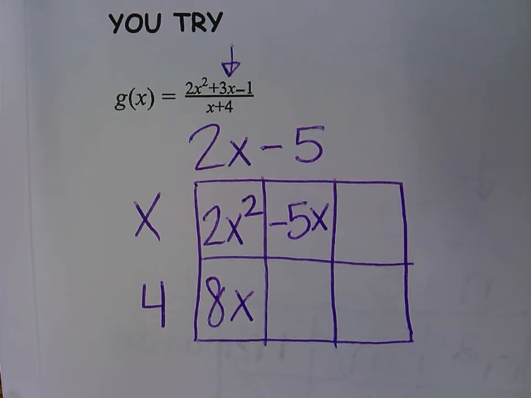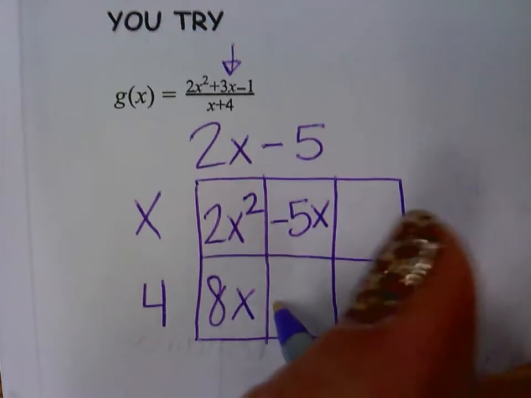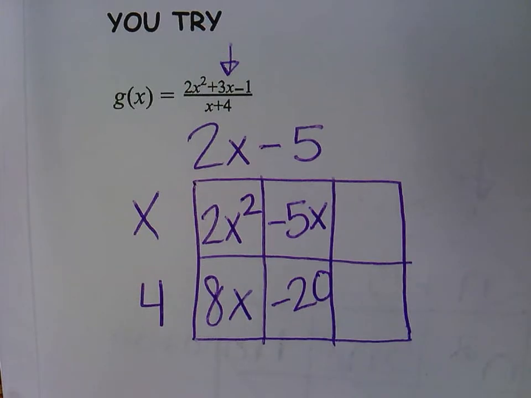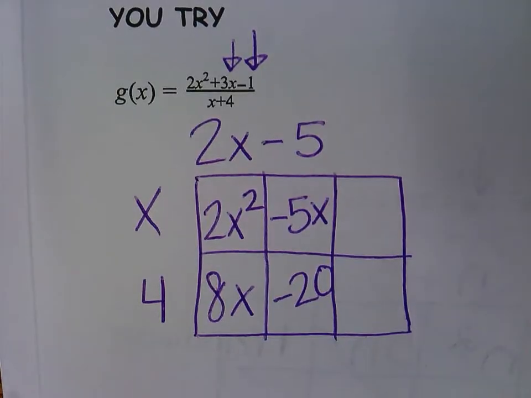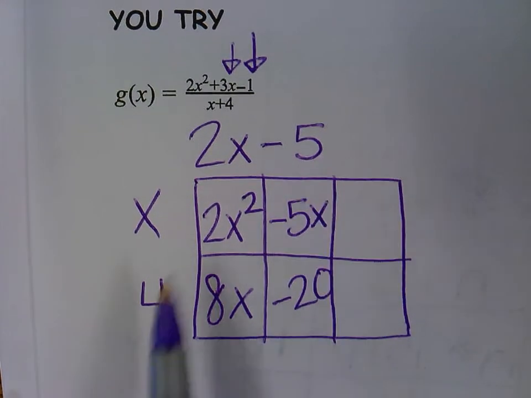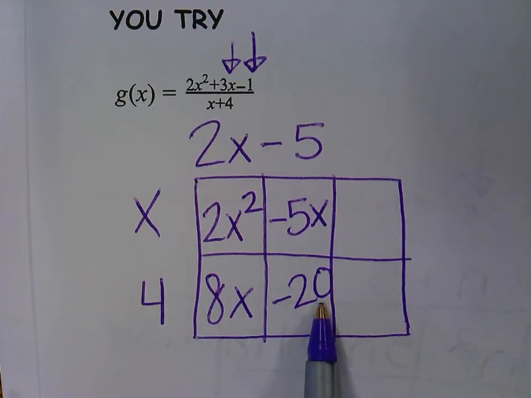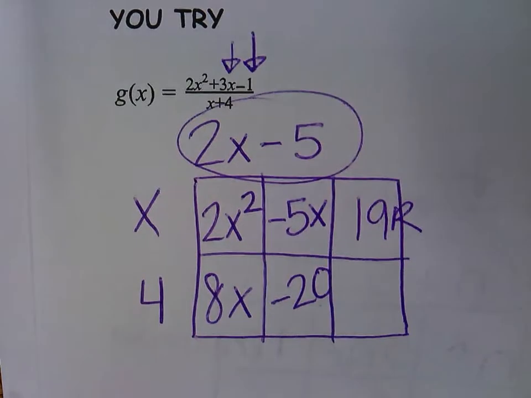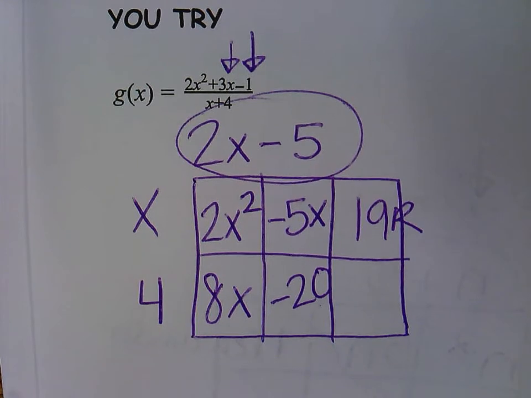So what's my remainder? I get a negative 20 down here. I'm trying to get to negative 1. I did negative 5 times 4 is negative 20. Positive 19 is my remainder. 19 remainder. So there's your quotient and there's your 19 that was your remainder.